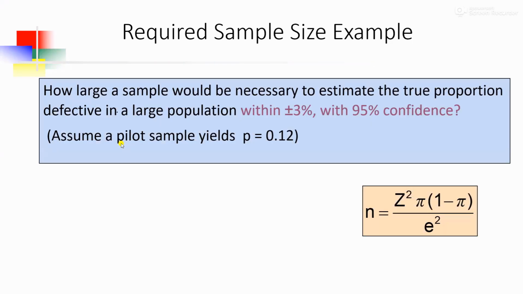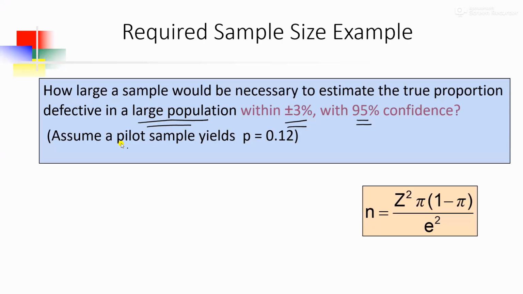Now, how large a sample would be necessary to estimate the true proportion? We want to estimate the true proportion of defectives in a large population within plus or minus 3% with a 95% confidence.